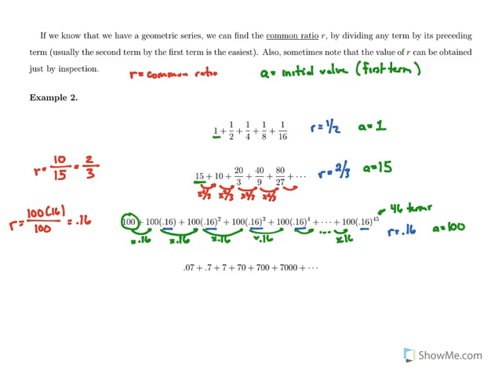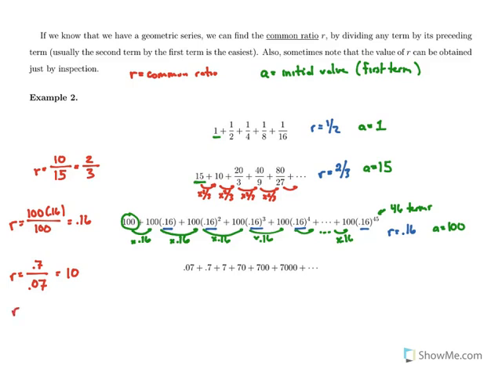All right, lastly, if we look at the second term, 0.7, divided by the first term, 0.07, we get 10. Right?